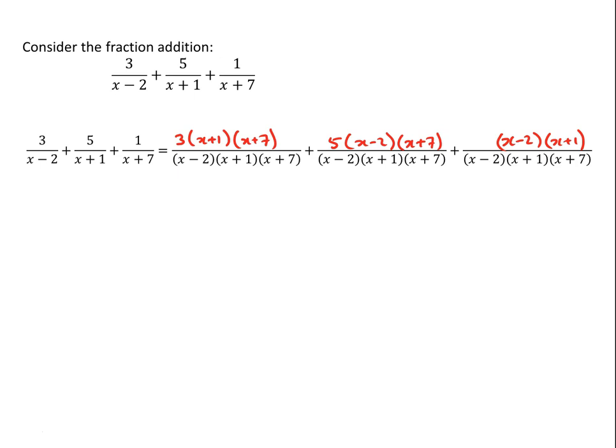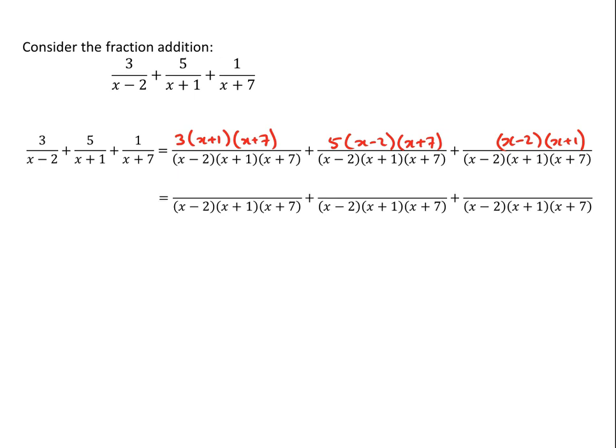If we multiply out the brackets in each of these expressions, we get, first of all, 3 lots of x squared plus 8x plus 7, which gives me 3x squared plus 24x plus 21. In the middle term, we've got 5 lots of x minus 2 times x plus 7. Well, x minus 2 times x plus 7 gives me x squared plus 5x minus 14.